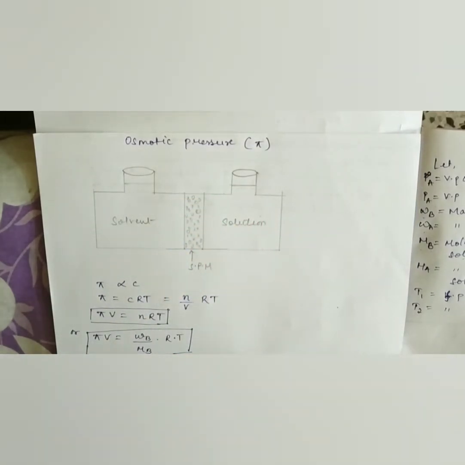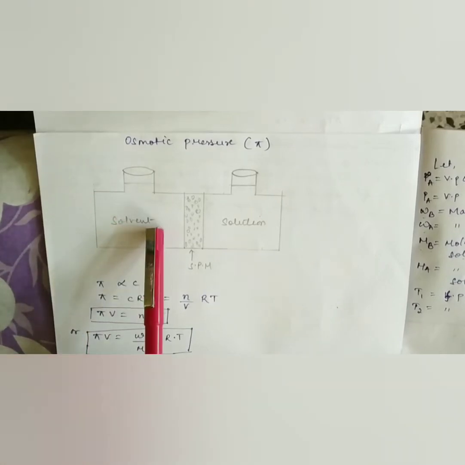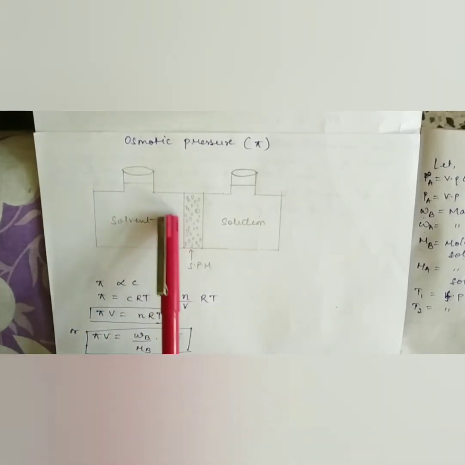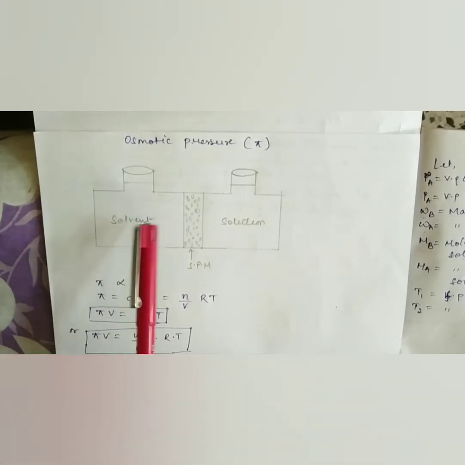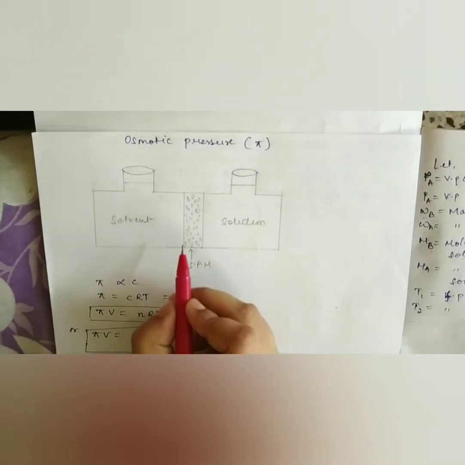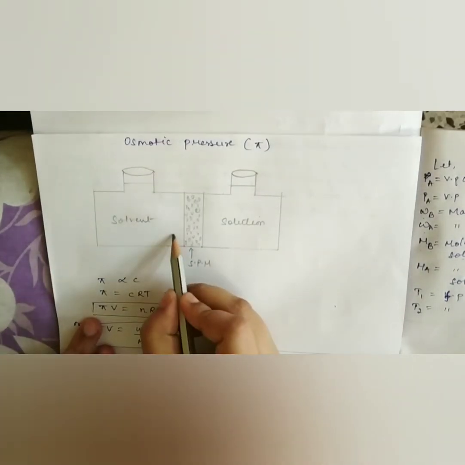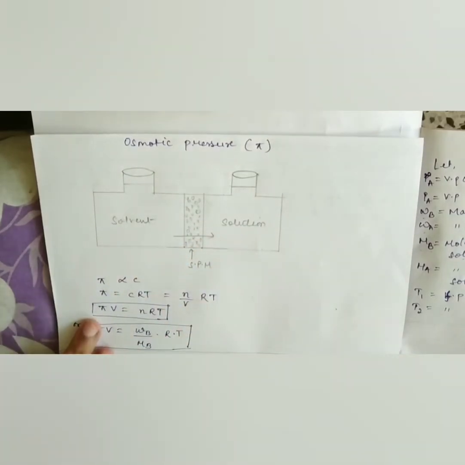So osmosis is defined as the transference of the solvent molecules from this region of higher concentration of the solvent molecules to this region of lower concentration of the solvent molecules. That means in this direction the osmosis takes place.